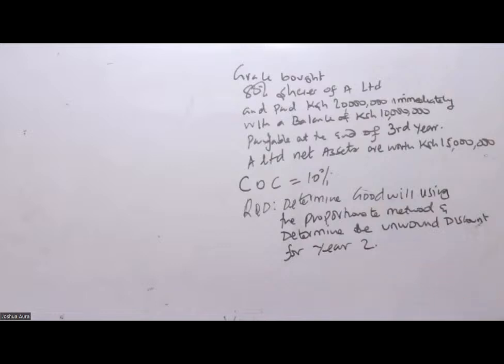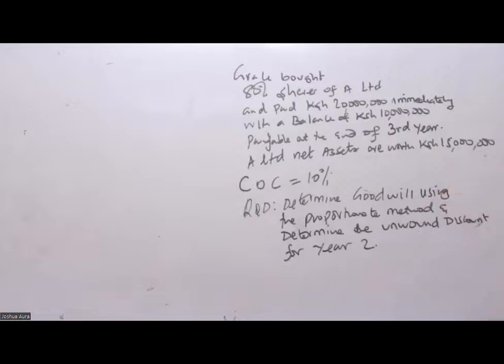Very popular. So we have here Grace bought 80% shares of A Limited, and they paid today 20 million immediately, with a balance of Kenya shillings 10 million payable at the end of the 3rd year. So we have what we call deferred consideration. Deferred consideration is normally found in advanced financial reporting, not in the lower financial reporting. So this is your level.